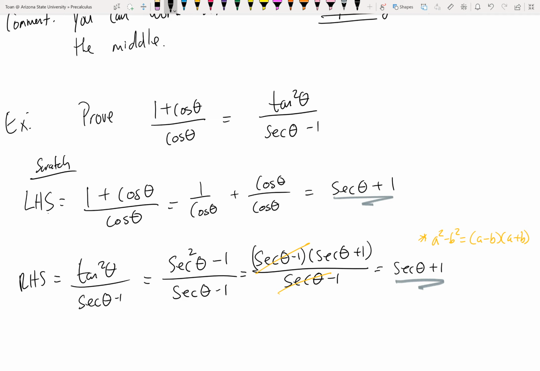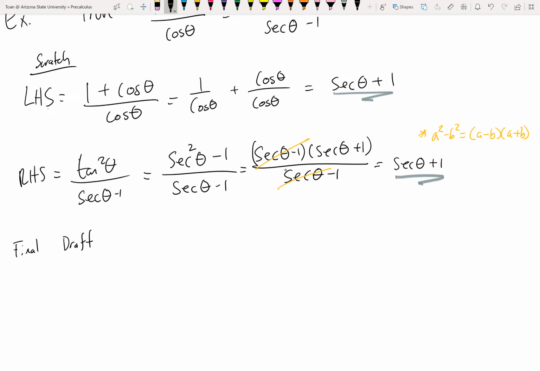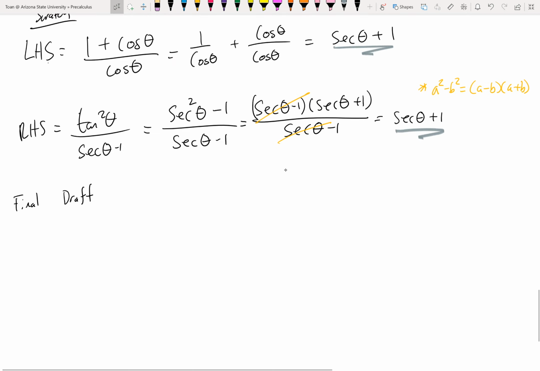I'm only going to ask you to take the extra step further, write it up in a nice, neat, clean final draft. So as my final draft, all you would have to do is just connect the dots. It doesn't matter where you start, left-hand side or the right-hand side. So I'm going to start with the left-hand side just because I feel like it. And literally all you've got to do is copy down what you wrote.